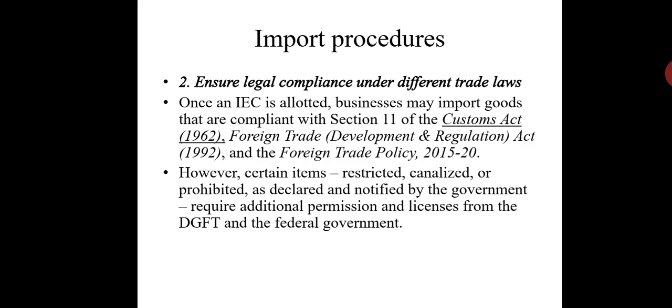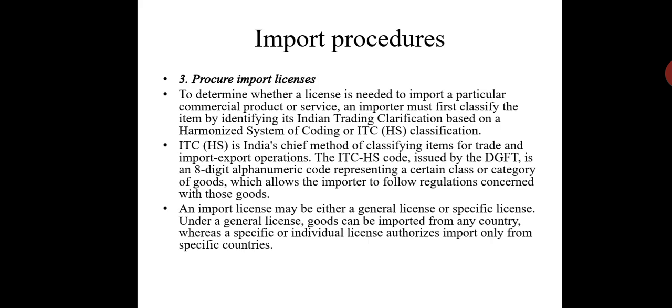You have to take additional permissions and additional licenses for doing that. Suppose you want to buy alcoholic items, it is not just important that you have the IEC code, you also need a license for selling and buying alcohol. So like this, you need to comply with all the legal requirements for importing.